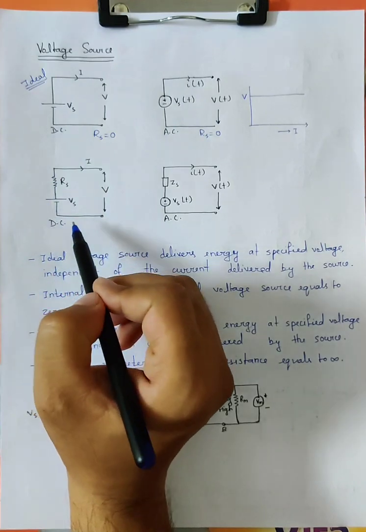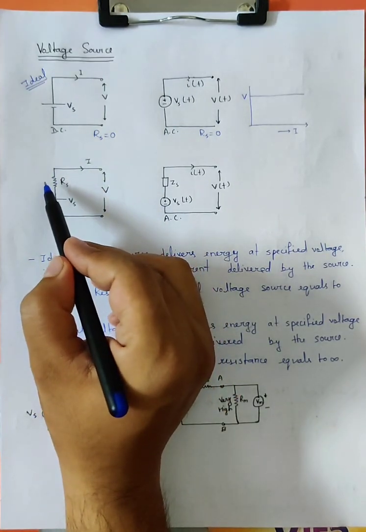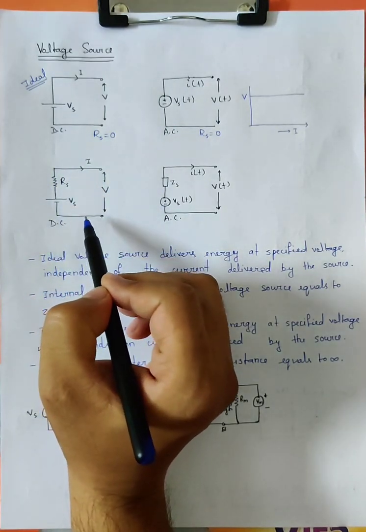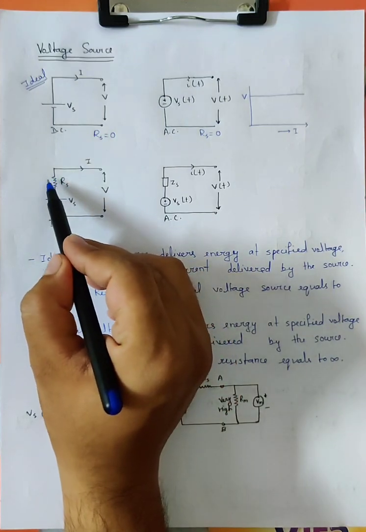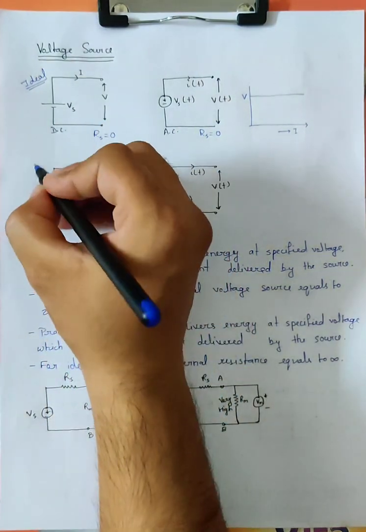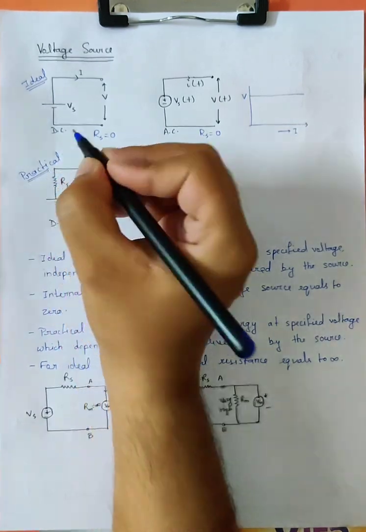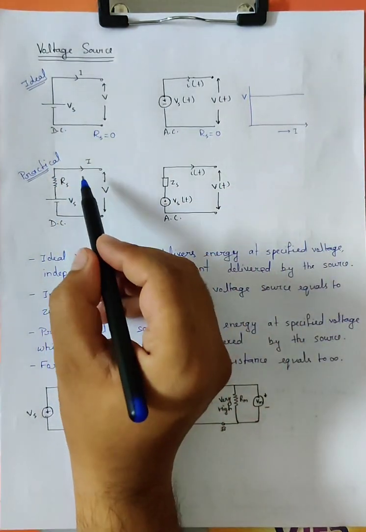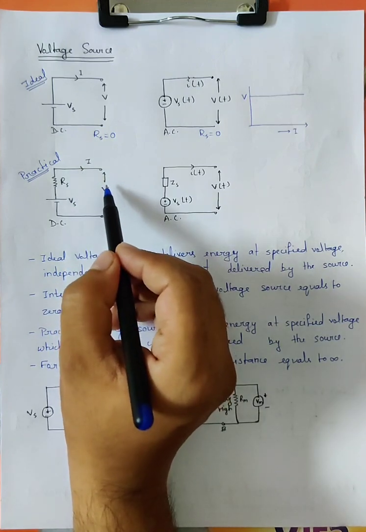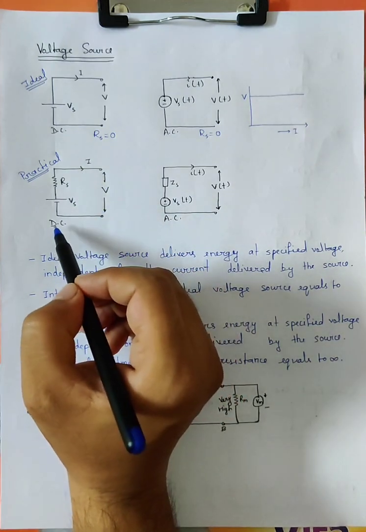This is the circuit for a voltage source with an internal resistance Rs. This is a practical voltage source. This current supplied is I and the terminal voltage is V. This is for DC circuit.